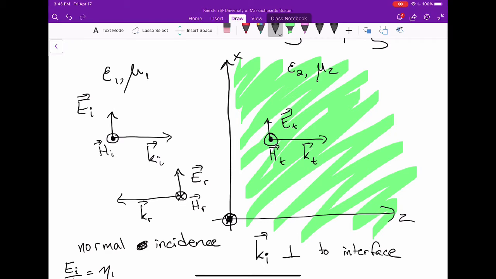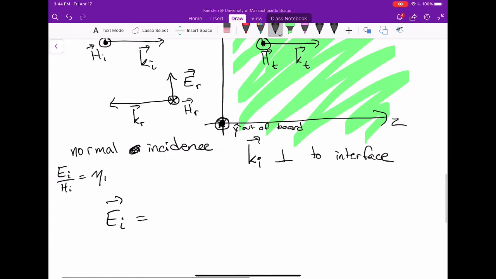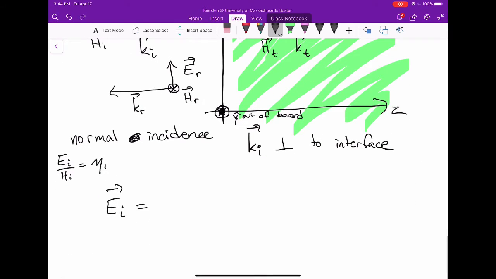Out of the board is a dot, not an X. So if I define EI to be x hat times some amplitude EI, e to the minus j k1z.